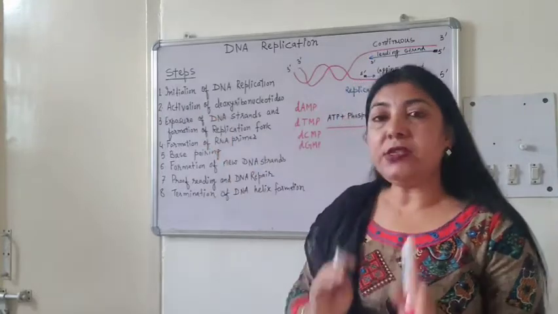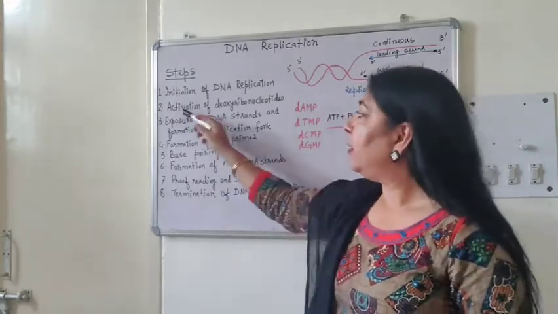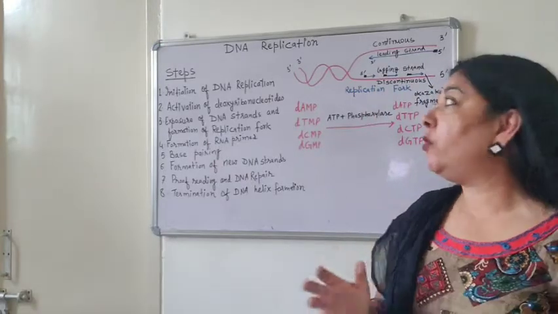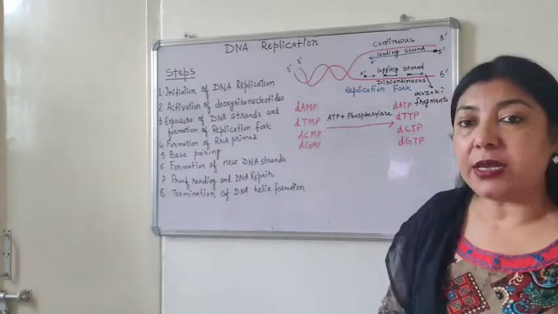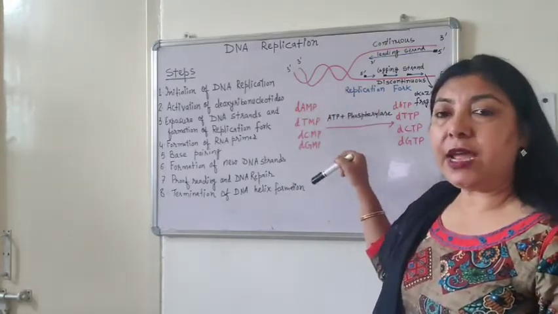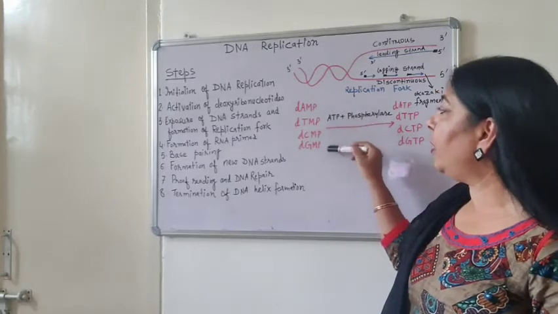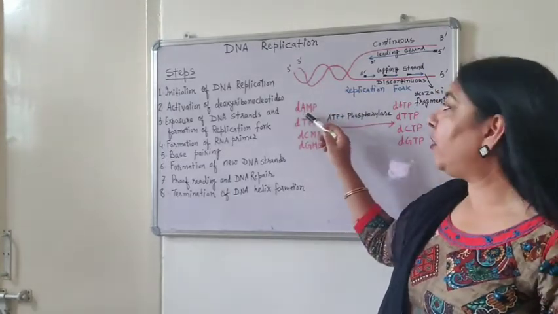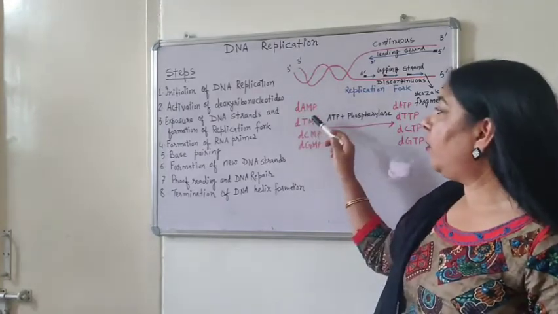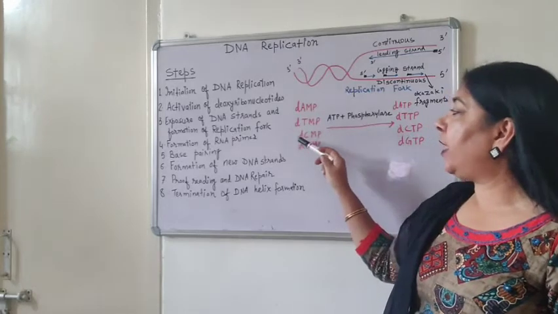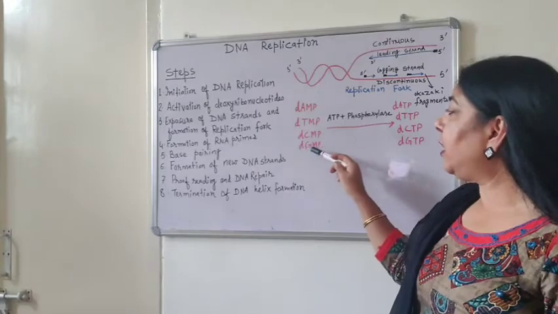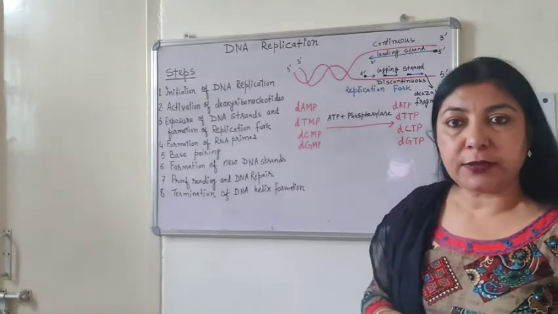Next, once the initiation has begun, the second step is activation of deoxyribonucleotides, that is raw material. These deoxyribonucleotides are present in the cell pool in this form: deoxyriboadenosine monophosphate, deoxyribothymidine monophosphate, deoxyribocytosine monophosphate, deoxyriboguanosine monophosphate.